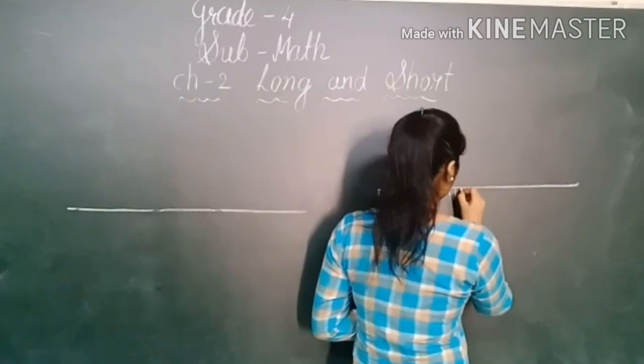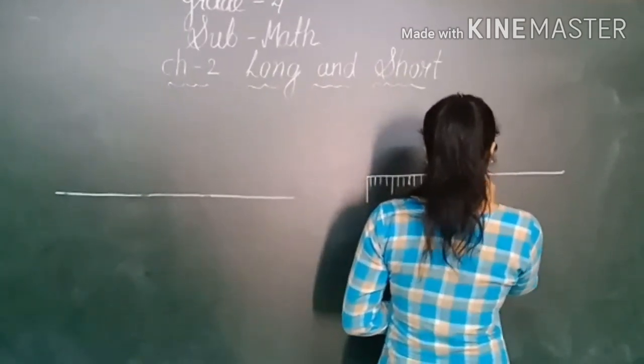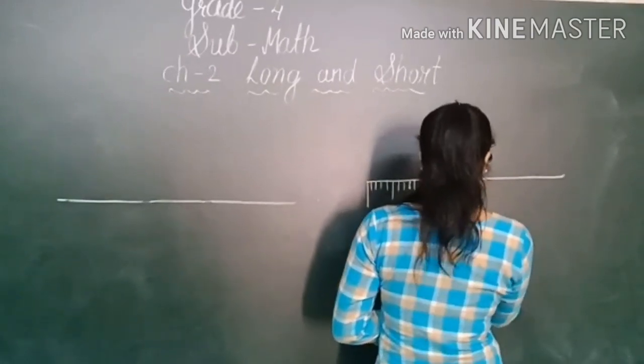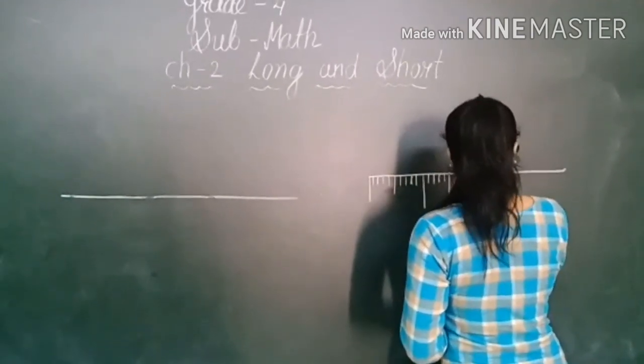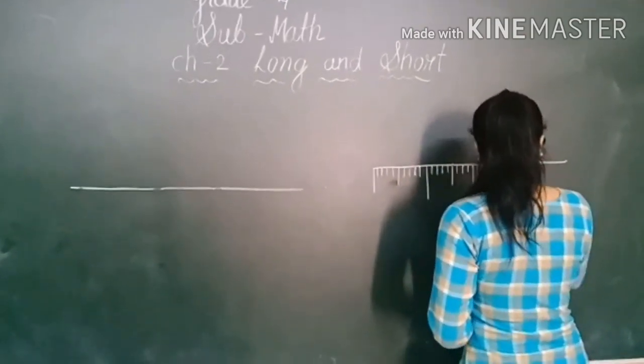In a scale, you can see on one side centimeters are given and on the other side inches are given. Now I have drawn here a rough diagram of a scale.